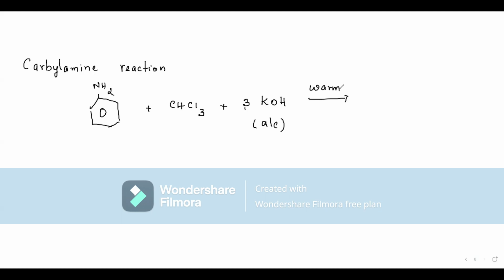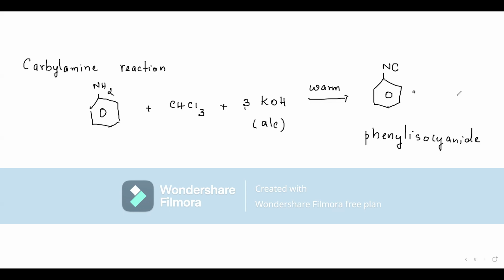You don't have to heat it to a high temperature. Just heat it slightly. You will be getting your benzene ring on that NC. This is an isocyanide. So here it is phenyl isocyanide.